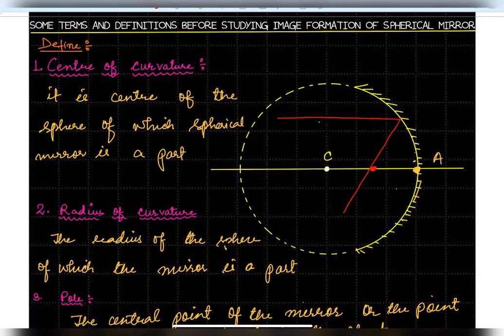Got the point? Now, what is focal length? Focal length is the length of this one. It is the distance between the focus and the pole. This is the pole, A is the pole, and F let us write down as the focus.